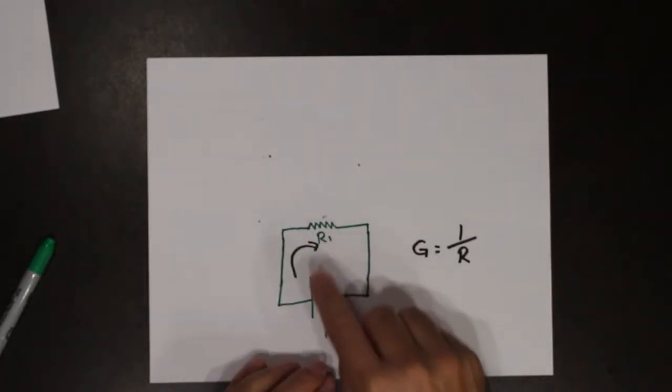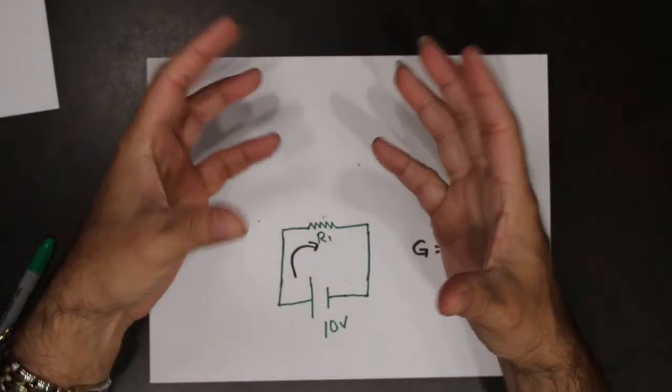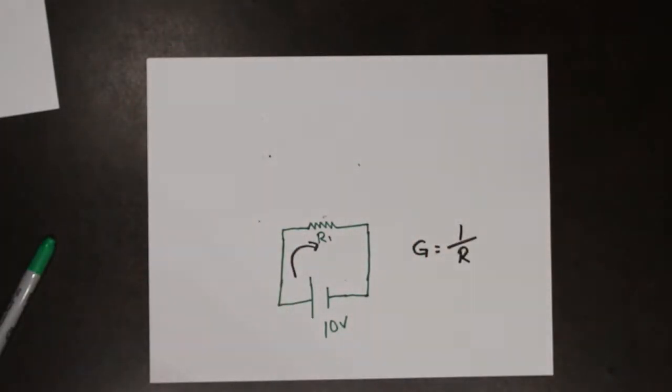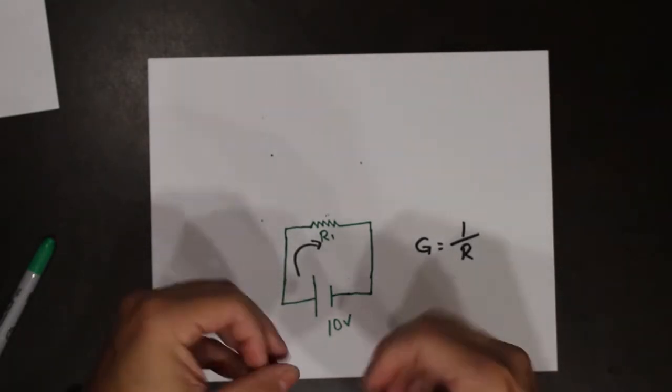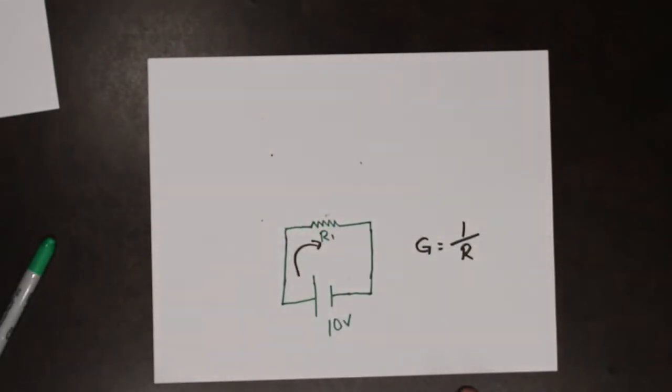Resistance represents holding the current back a little. Conductance represents letting some current go through.